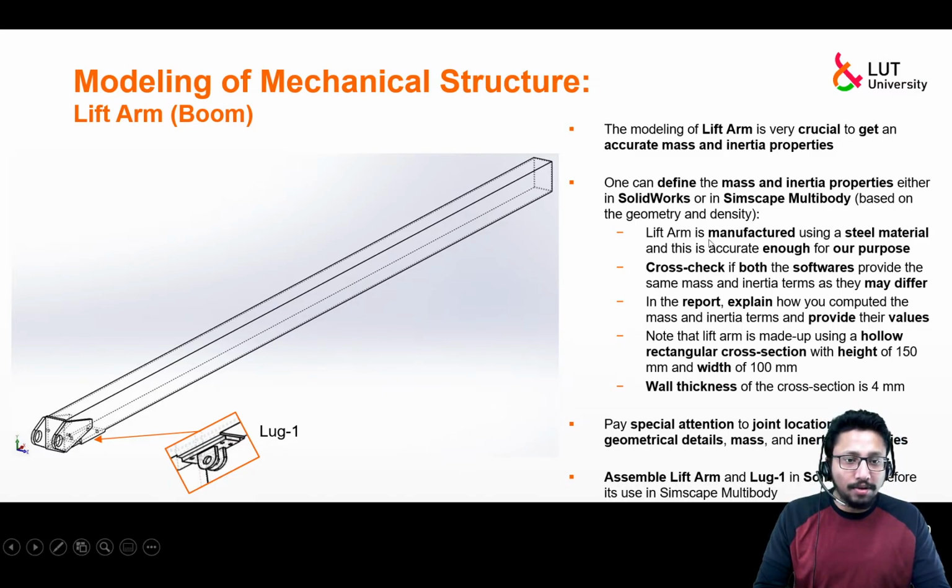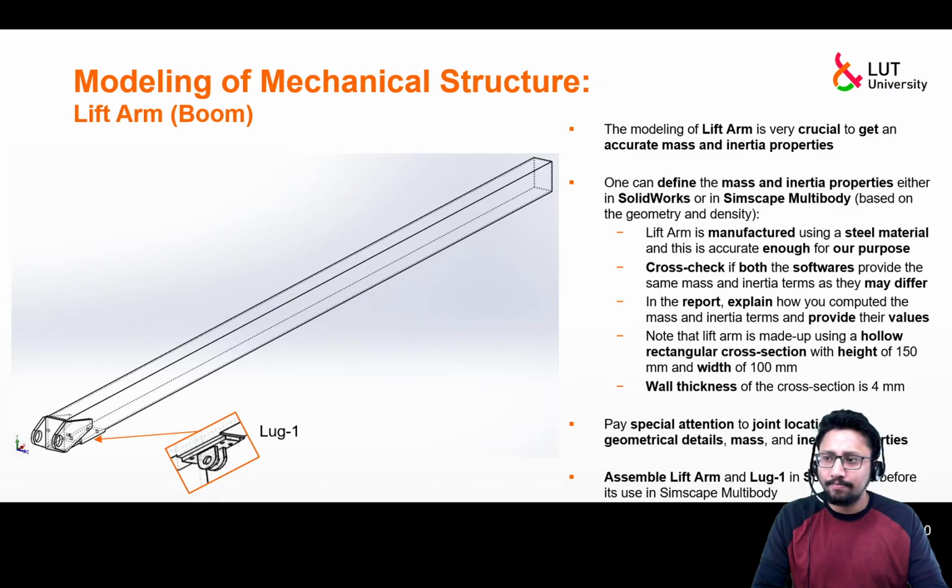The lift arm is manufactured using a steel material, and this is accurate enough for our purpose. So we know the steel material, and we can figure out the properties for this material, and we can input all the material properties, which I'll show you in SolidWorks in a while.